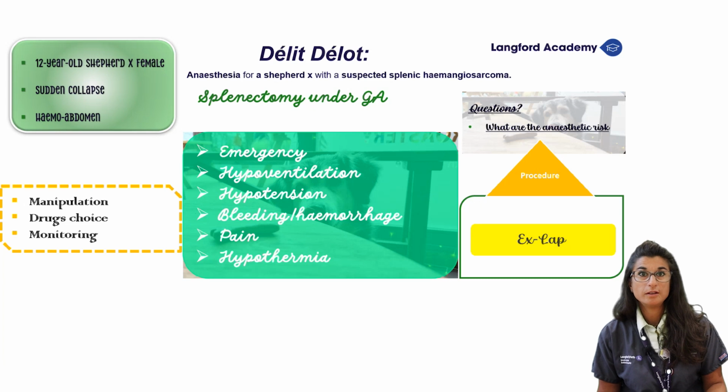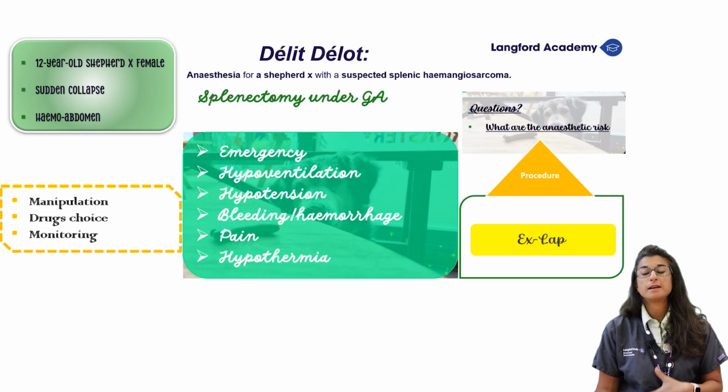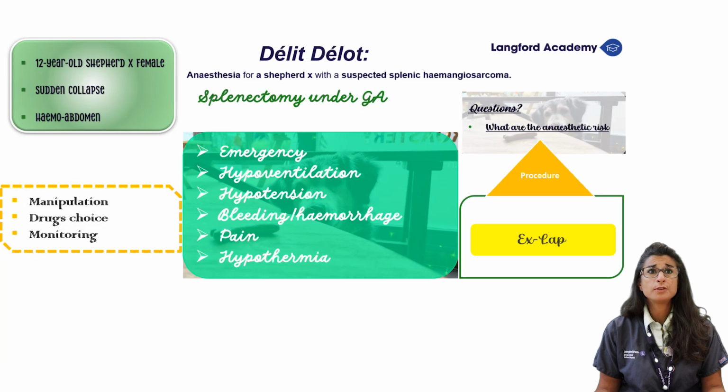There is a risk of pain, obviously, and risk of hypothermia because you're going into a very big cavity that normally shouldn't be in the air, but also you have a very large clip needed to do the surgery safely. So again, consider manipulation, the choice of drugs and the monitoring.